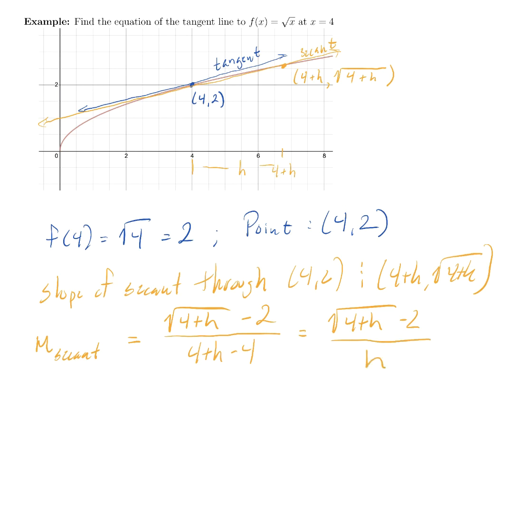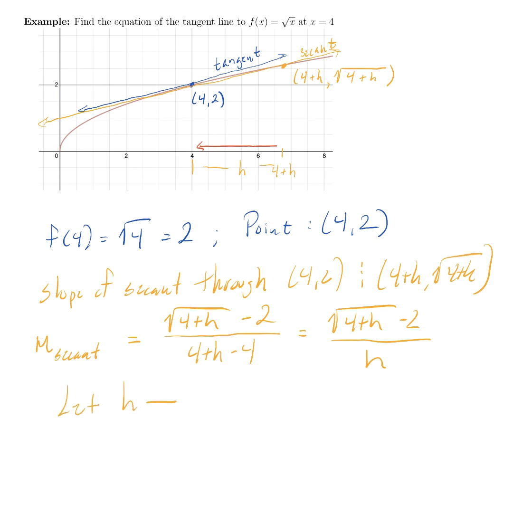Okay. As before, we let x approach 1 on the axis. Here we want this point 4 plus h to come in this direction and get closer and closer and closer to 4. And so to do that, what do we have to let h get closer to? Well, for 4 plus h to approach 4, h has got to approach 0. And that would allow us to find the slope of the tangent line.